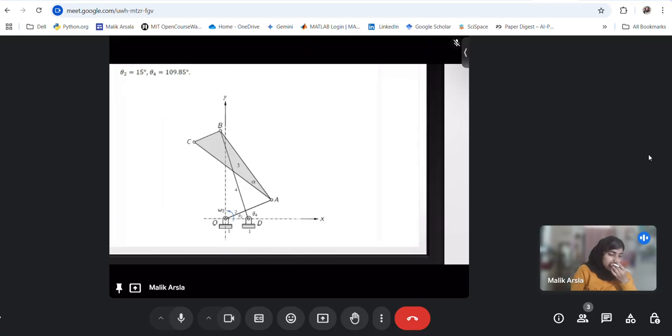Okay, the theorem is basically that if we have a body with its instantaneous center at G1, and another body with its instantaneous center at G2, then the relative IC between these two bodies, all these three have to lie on the same line, they have to be collinear. Okay.